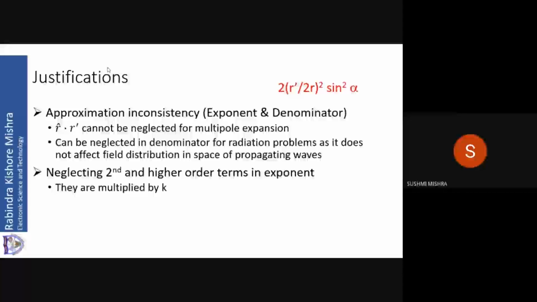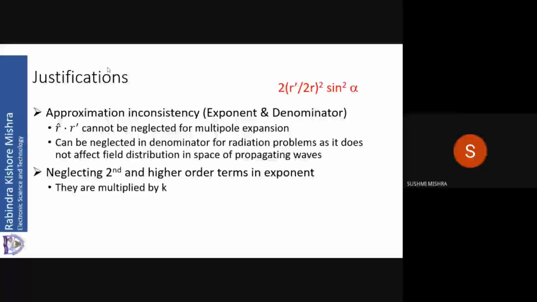And just now I told that in the denominator we cannot neglect anything that is controlling the distribution of the field dependent on theta and phi.